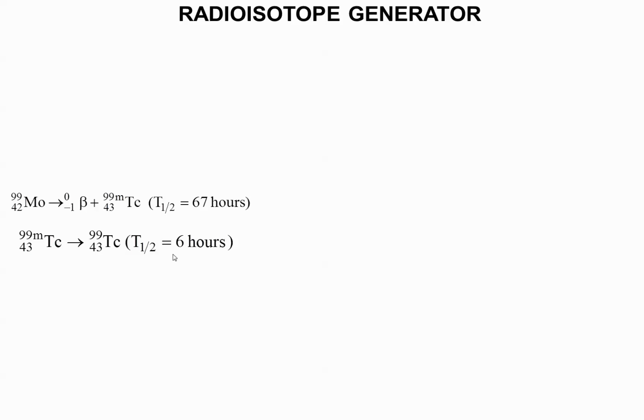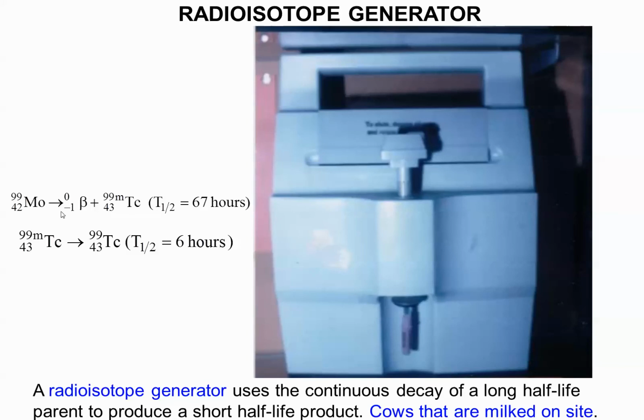So in other words, this is such a short half-life that technetium-99 cannot be produced at a reactor then taken to a hospital to do brain imaging. So what happens is this element is produced and then stored in what is called a radioisotope generator and decays.